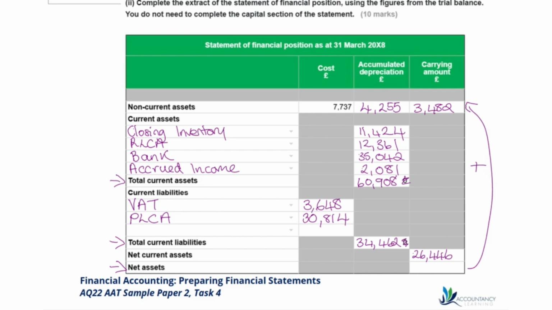So make sure you know the difference between what your net current assets is and what the net assets figure is. So you then add on your non-current assets to give 29,928. That brings us to the end of task 4.